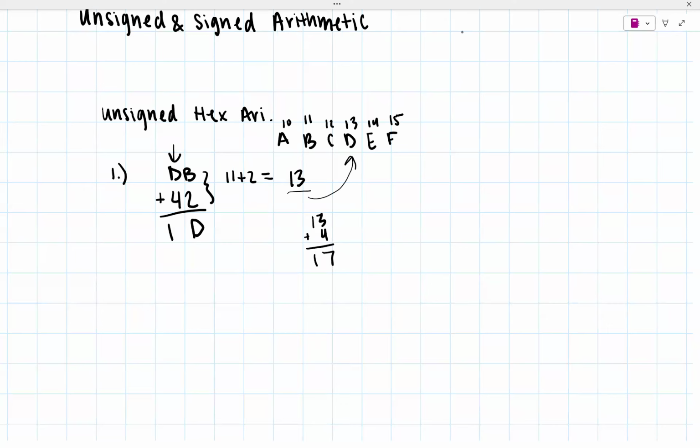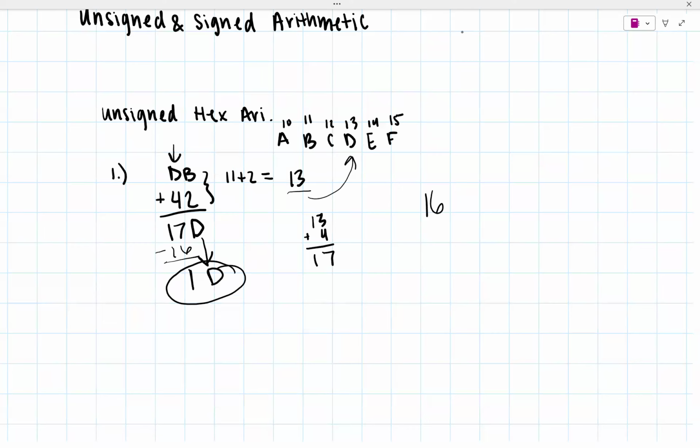And that's actually a problem because 17 doesn't fall in the range of hexadecimal. Remember, hexadecimal is base 16. So what we're gonna do here is just subtract 16, and we're gonna get 1. And then we'll bring the D down, so this is our answer.